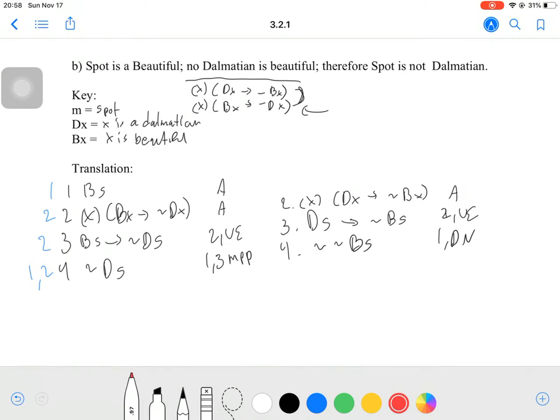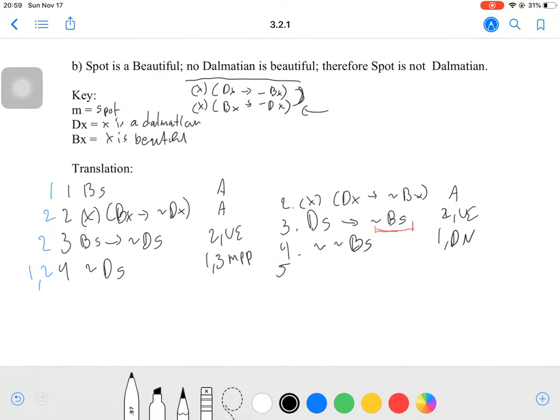Why? Well, what we're trying to do is a modus tollens. That means we need the negation of the entire right side of that arrow, what I've underlined. Bs is not the negation of negation Bs. It's the opposite, but as we've learned in this class, opposite is not the same as the negation of.